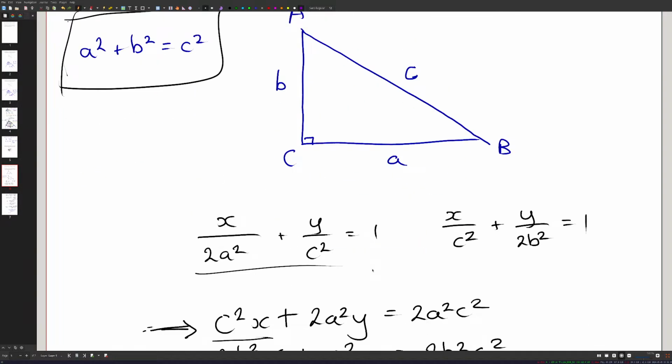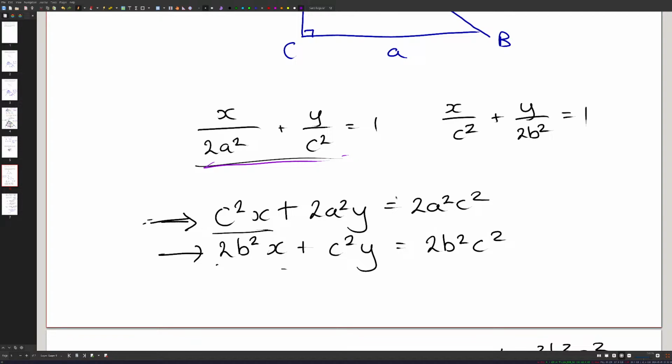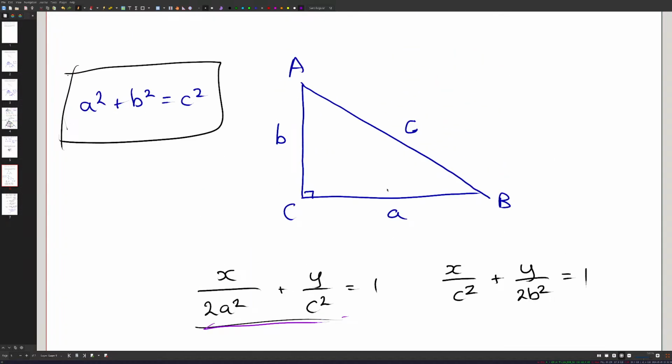Unless this equation means something. This is the equation of a line, so maybe we could interpret this as, I don't know, which line. Maybe the x and y is an interesting intersection point of two specific lines that are somehow related to this triangle.